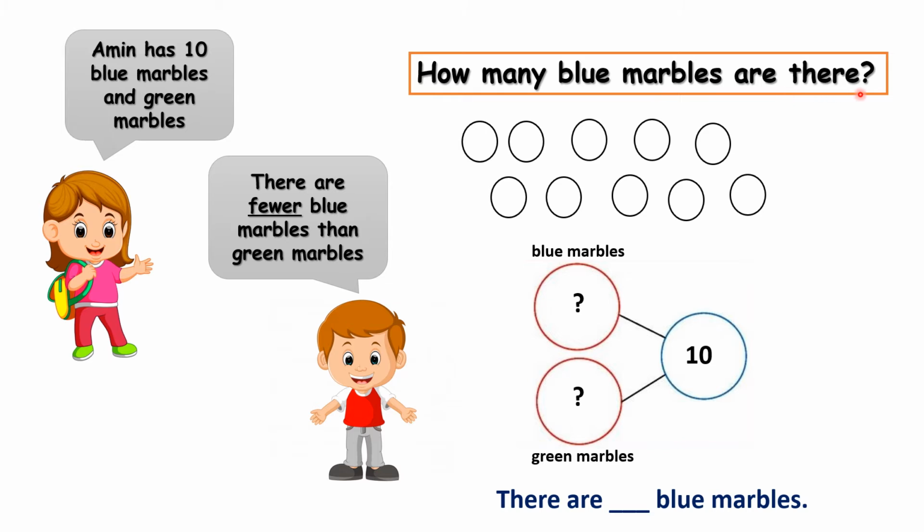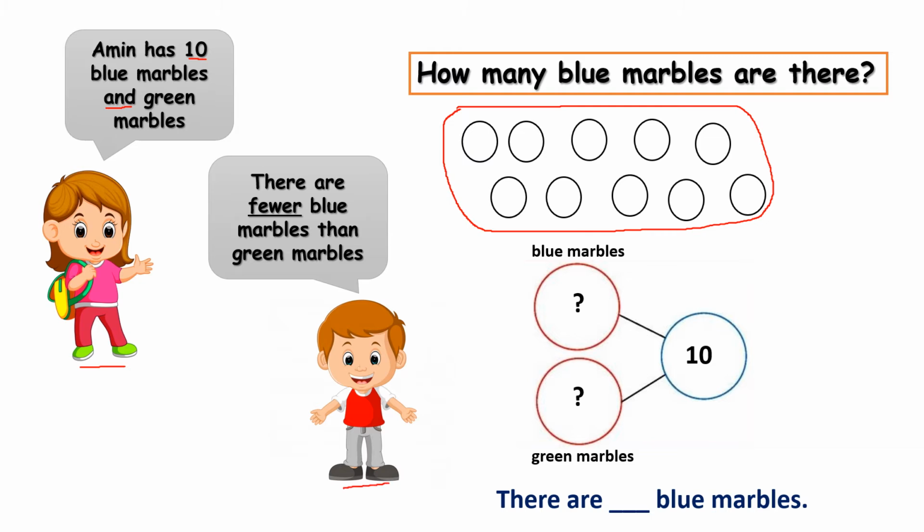First we need to find how many marbles there are altogether. Look at this girl. She said Amin has 10 blue marbles and green marbles. So at first Amin has 10 marbles. But we don't know how many blue marbles and how many green marbles there are.